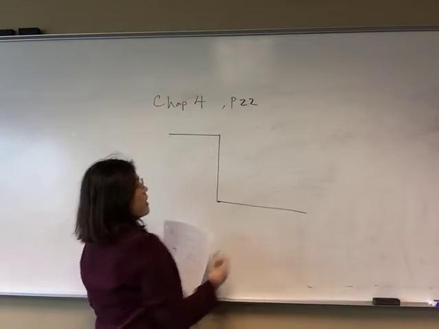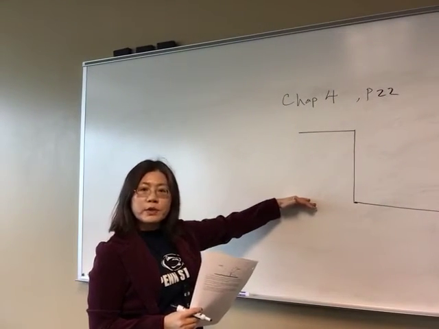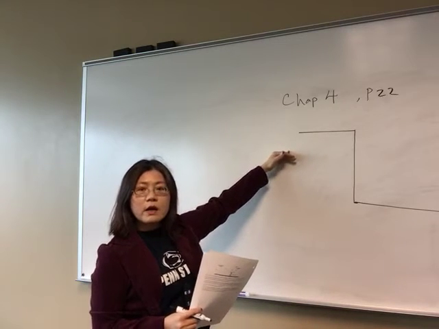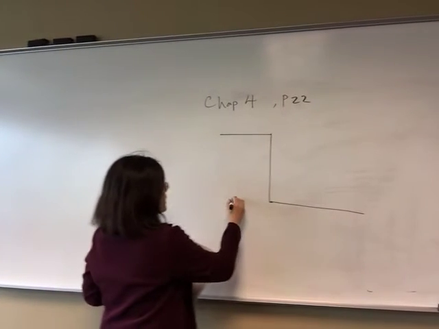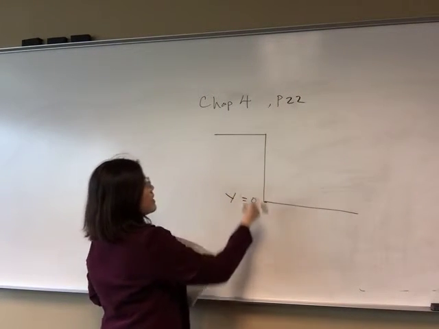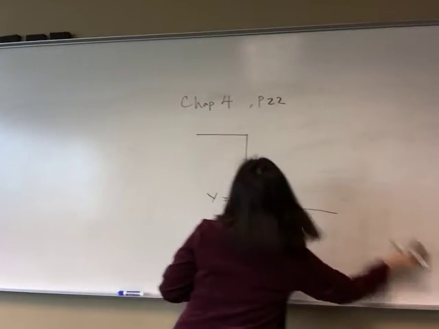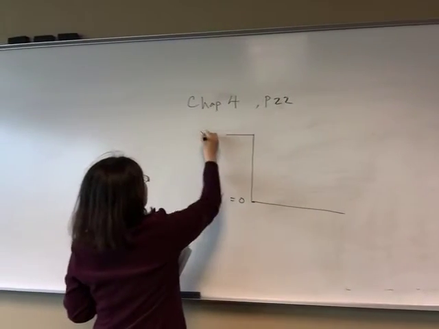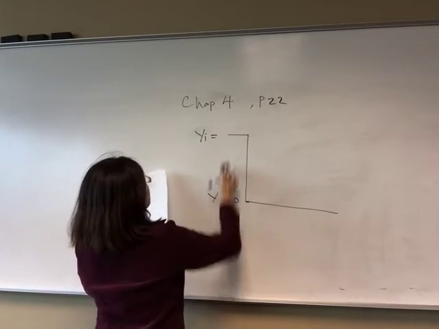By convention, we usually define the lowest point to be 0, anything above is positive, and anything below is negative. So let's say this height is 0, and this height, let's call that the initial height, is 1.2 meters.